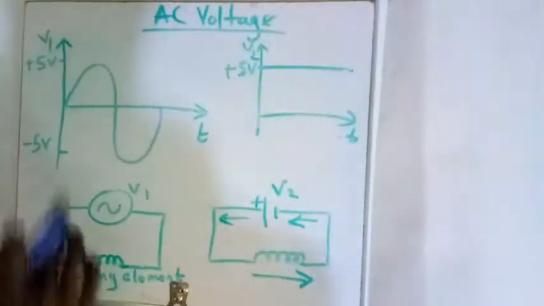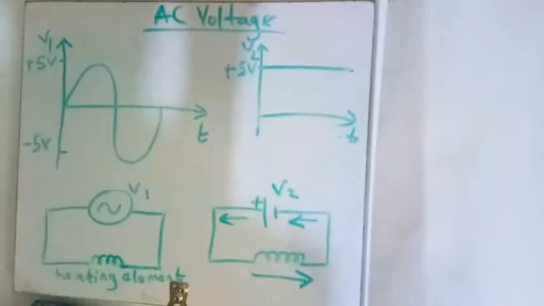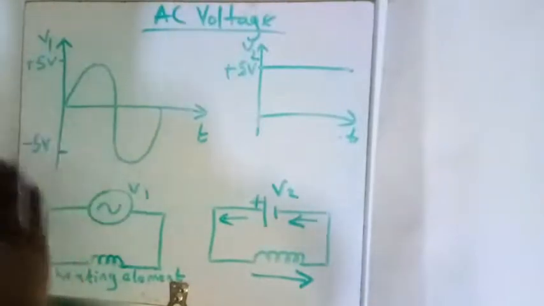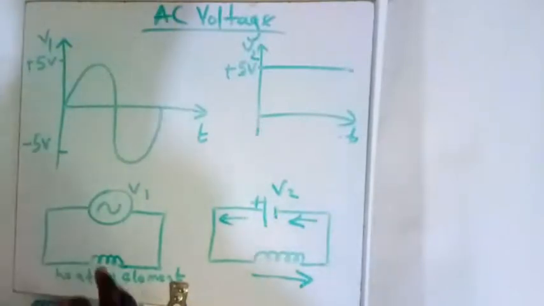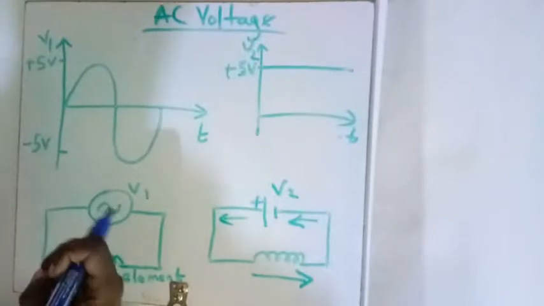But in this case, the voltage you're supplying is alternating. You're turning it on and off, on and off. So effectively, you're going to have an average voltage, and so average power, basically.